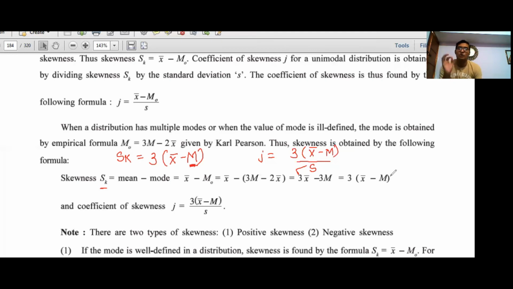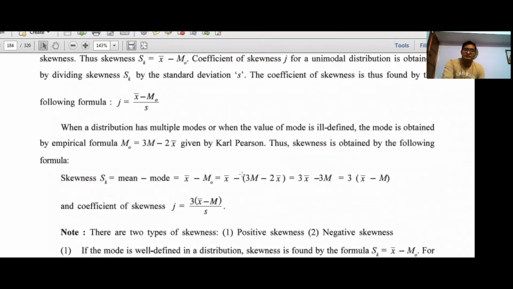But if the mode cannot be found, then we have to use the formula with the median, where skewness equals 3(x bar minus M) and j equals 3(x bar minus M) divided by s. Simple. So this is called the Karl-Pearson method. Clear?